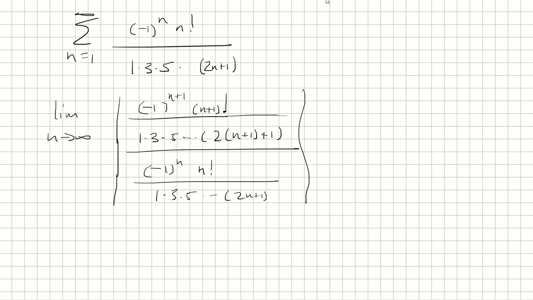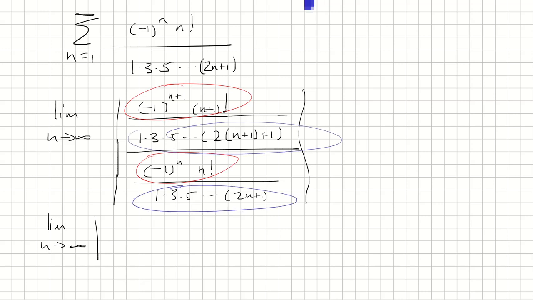Now a lot of things are going to cancel, but in order to see that, it's better to rewrite this, and we're going to write basically these two go together, and then these two will go together as a fraction.